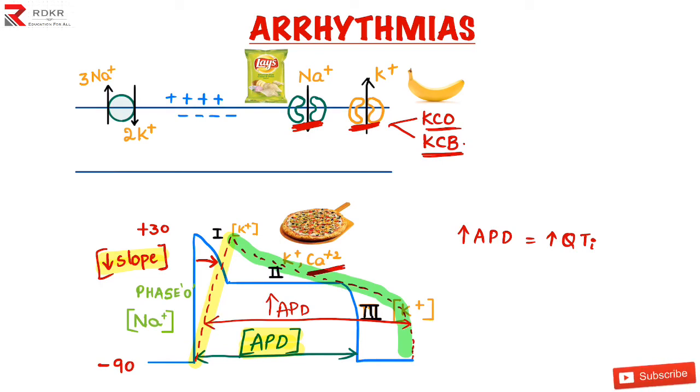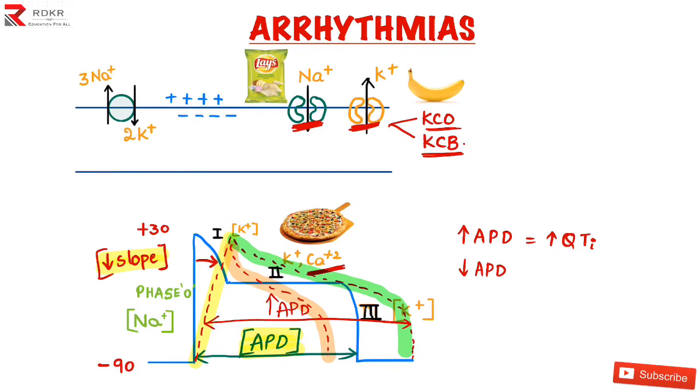So you must understand that. And when you open the potassium channel, what happens? Then the action potential duration will be decreased. The repolarization occurs very quickly, and due to this, your action potential duration will be decreased. Am I right? Yeah, this is all you have to remember about the arrhythmias and the main action potential.